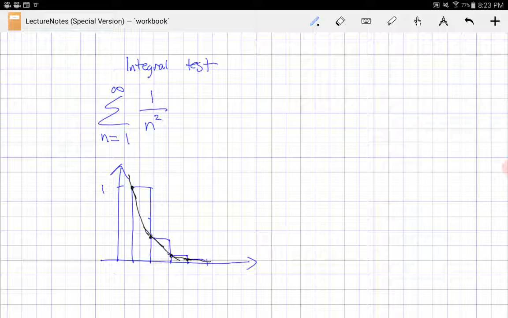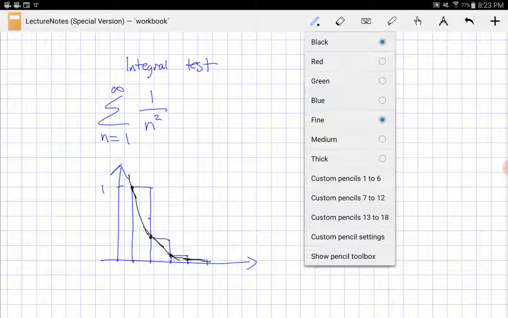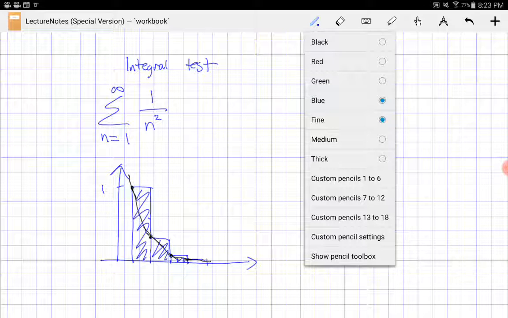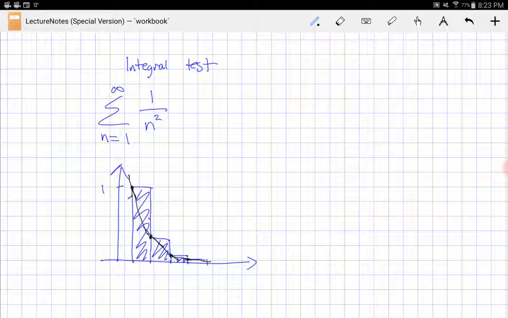What we know is that the area in blue is the value of our series, whereas the area in black is the area under the curve of our function.